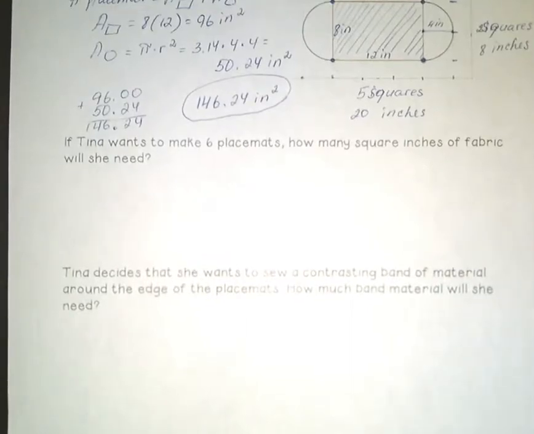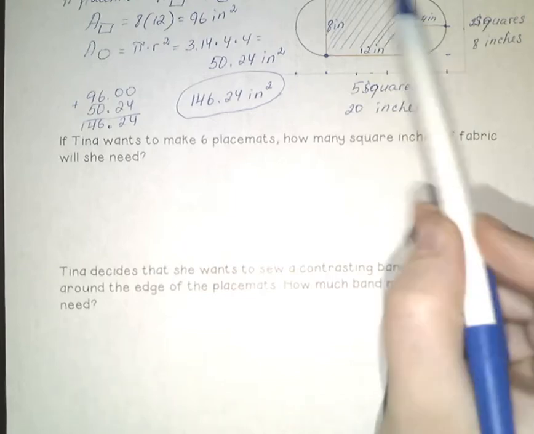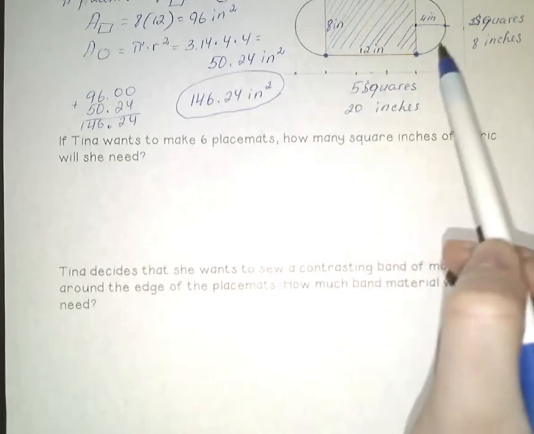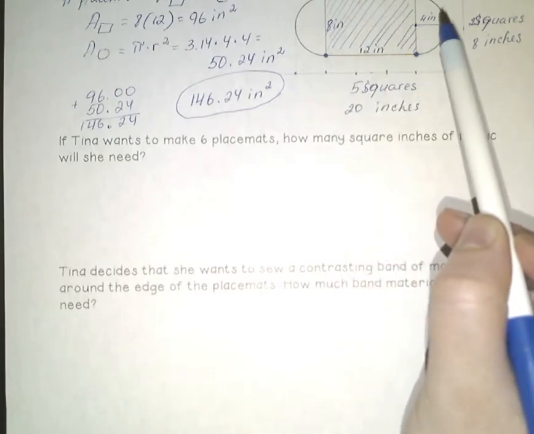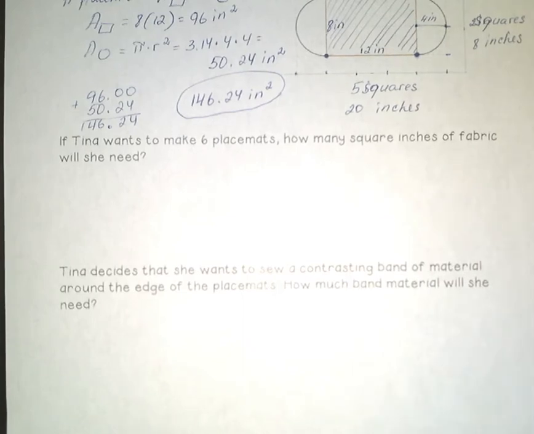If Tina wants to make 6 placemats, how many square inches of fabric will she need? Okay, so we know that we will have a placemat with the area of 146.24 inches squared. So that is for one. I need 6 of them.